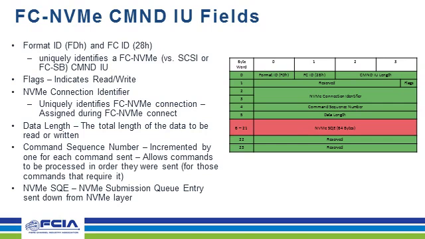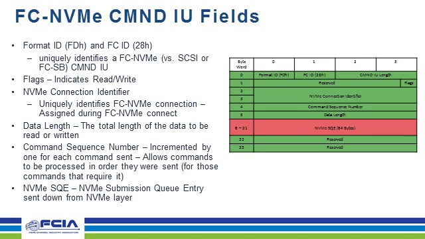The FD28 are unique identifiers for FC-NVMe. No other FCP frame command IU will have those bytes. Those values have been assigned both by T10, which is the committee that defines SCSI, and T11, which is the committee that defines Fibre Channel, to be unique values for FC-NVMe.